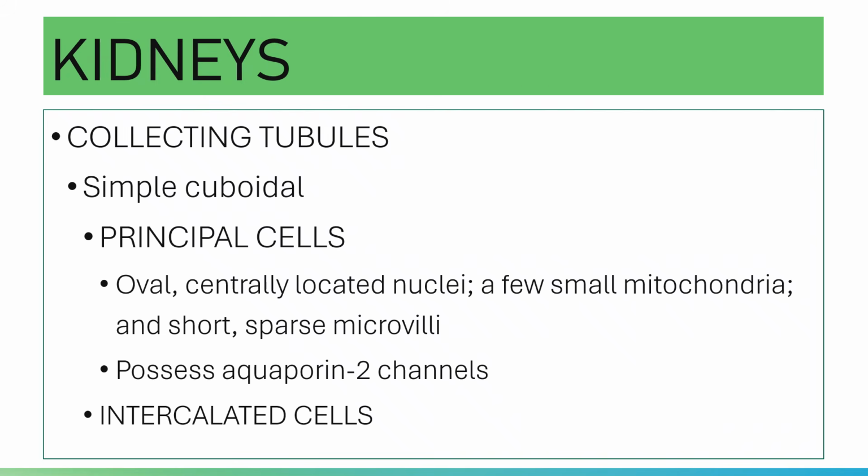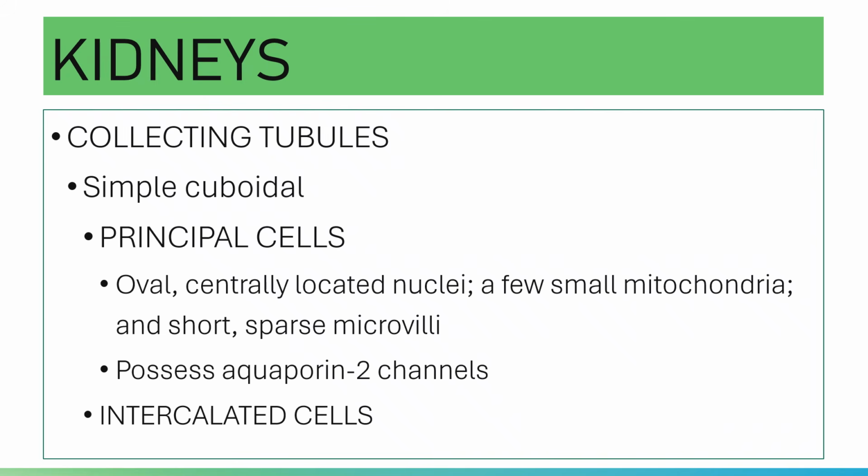And then there are also your intercalated cells. By the way, your principal cells are light cells, while your intercalated cells are dark cells. They display numerous apical vesicles, 50 to 200 nanometers in diameter.